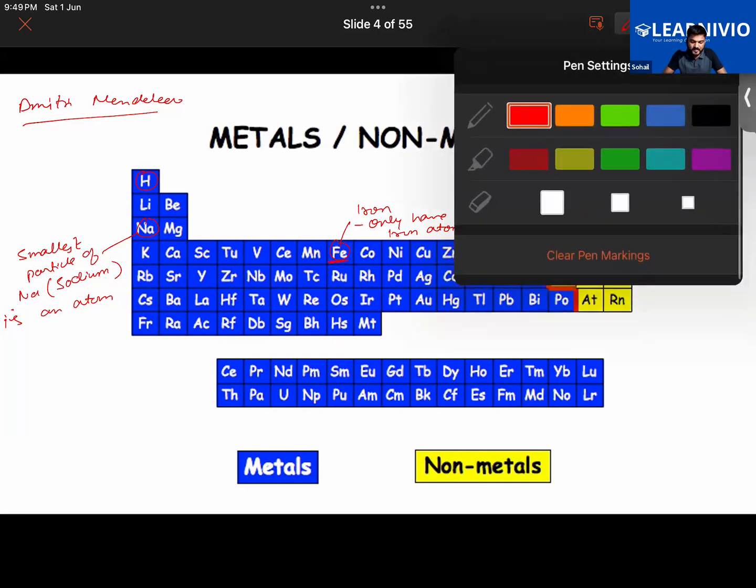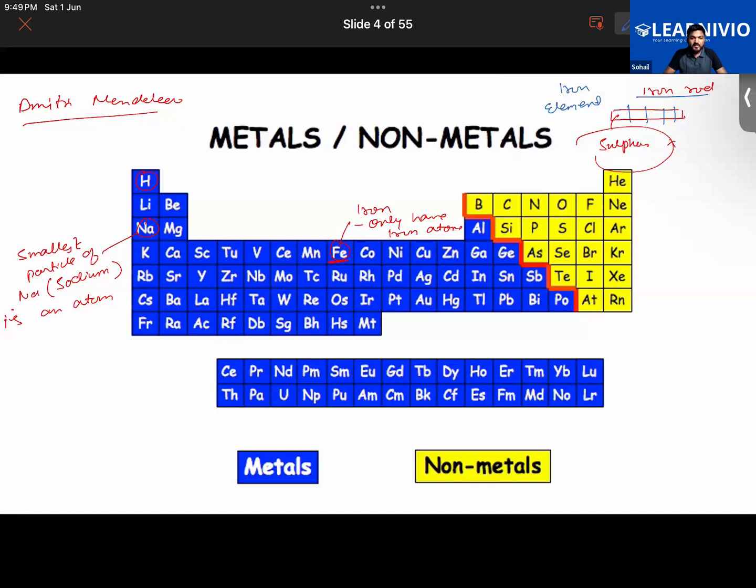Further, presently there are 92 naturally occurring elements. In the periodic table, we find that out of 118, 92 of them are naturally occurring. So some of them are naturally occurring, while the rest are prepared in the laboratory.